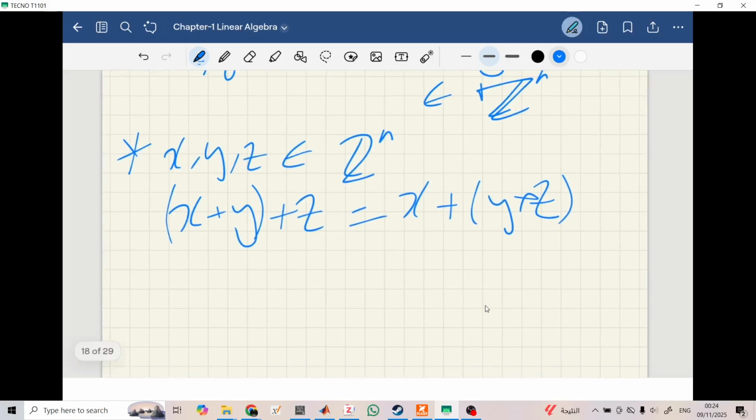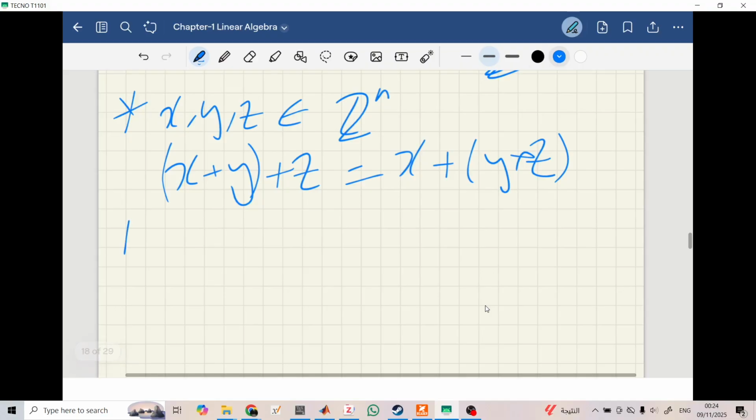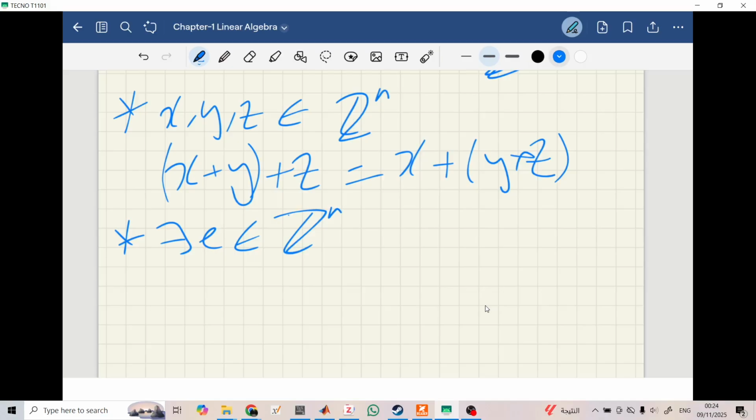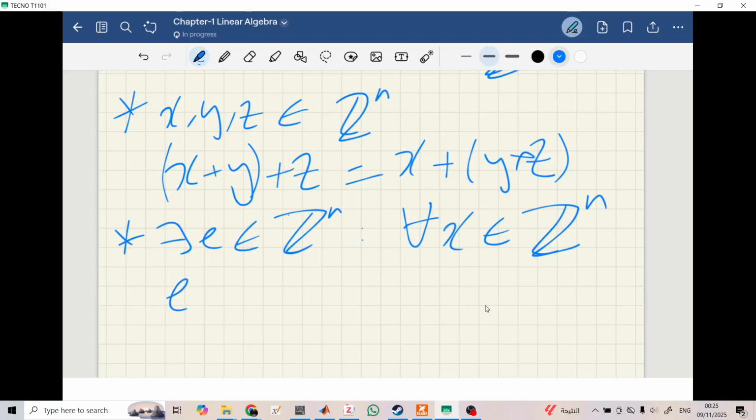Now we want the neutral element. So there exists a neutral element in this set such that for all x in this set, we have e plus x equals x plus e equals x.